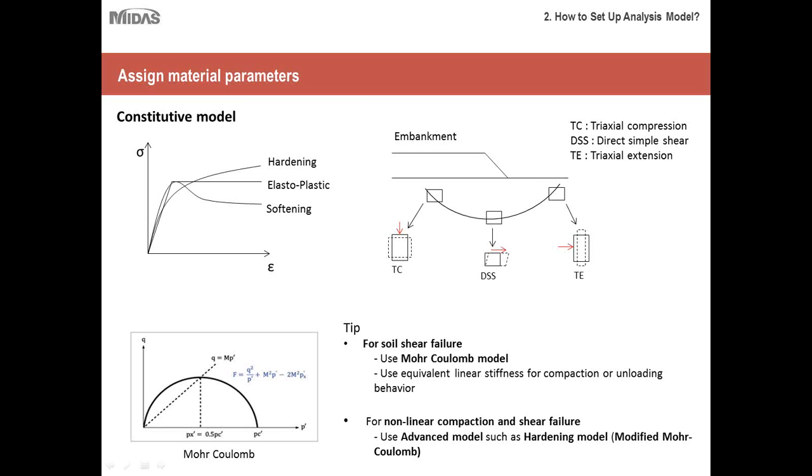The soil strata here observes direct simple shear. The soil strata here experience triaxial extension. So basically the soil type might be similar or same throughout, still it experiences different types of forces and stresses throughout the stress path.